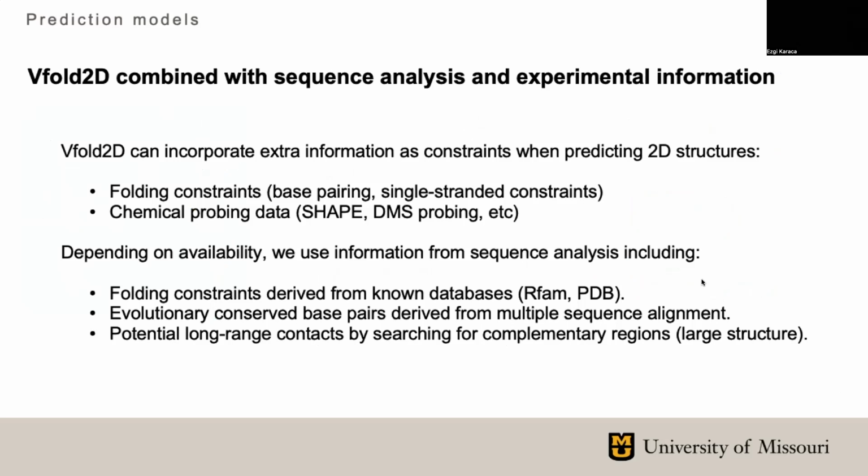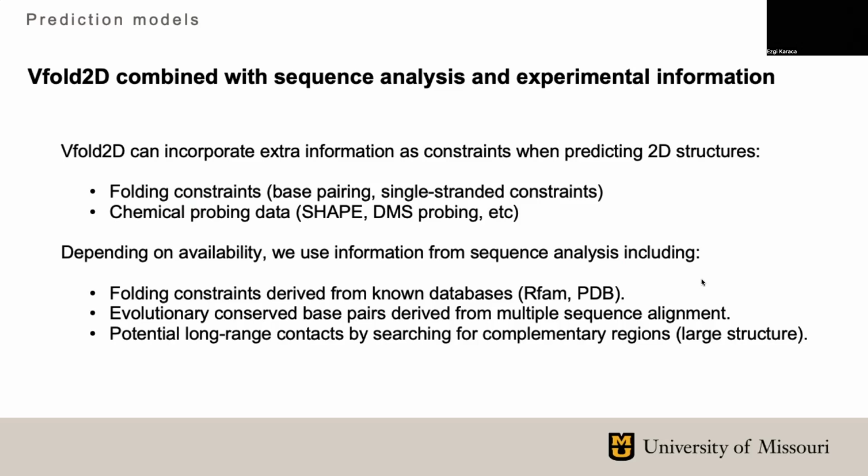If there is some sequence data available, we get some constraints from the base pair information from Rfam. And if not, we sometimes build our own MSA to get, from covariation, those conserved base pairs, and use those as constraints in our physical modeling.